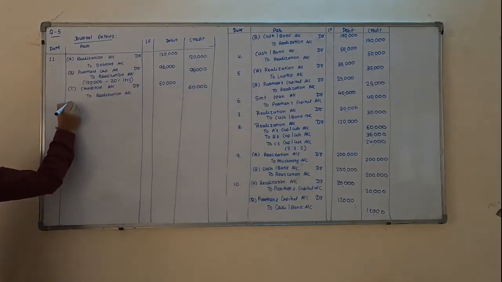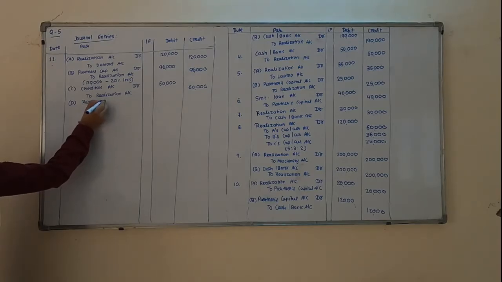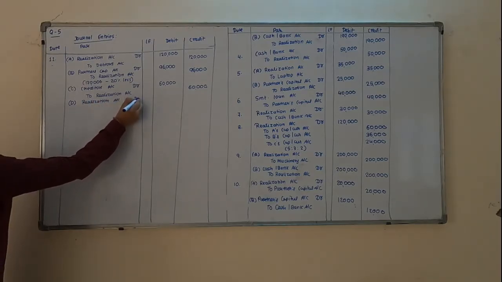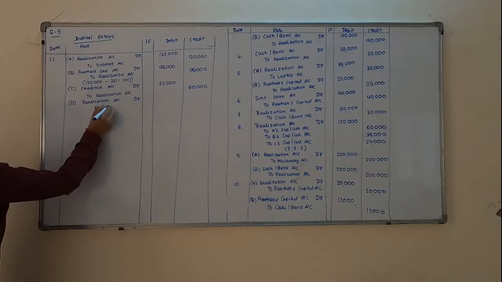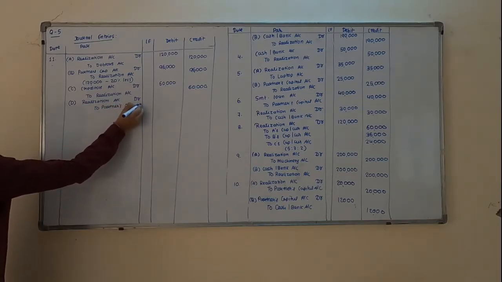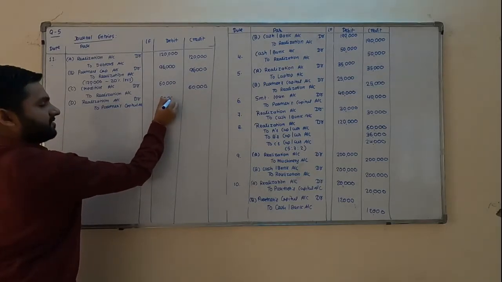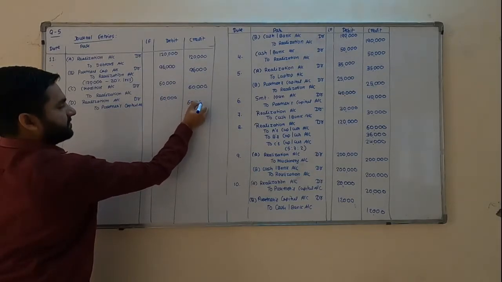Now the partner is accepting to pay the creditors, so realization account debit to partners capital account at the same amount, 60,000, 60,000.